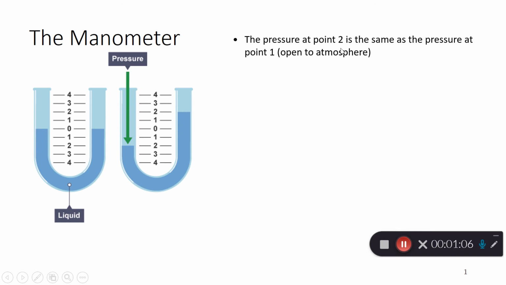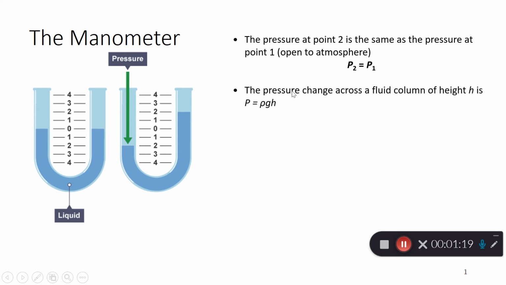The pressure at point 2 is the same as pressure at point 1. In this case, because it's open to atmosphere, both have atmospheric pressure. So P2 equals P1, and the pressure change across a fluid column of height h is P equals rho g h.